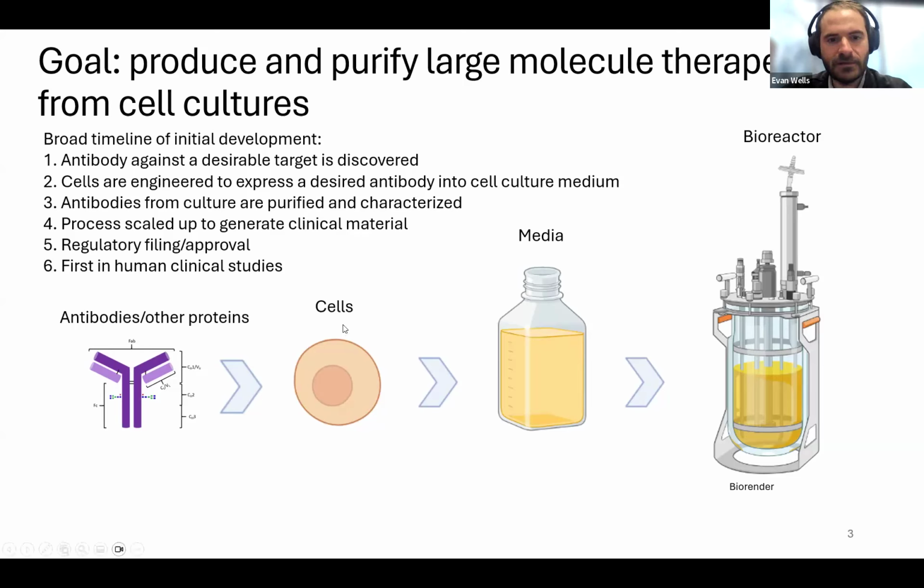We have cells that produce this, and we have to grow the cells in something. That's where the cell culture media comes from. You may have seen this in some of your classes. And to do it in a very controlled way, we have specialized equipment called bioreactors that enable us to scale these things up. Huge amounts of this material can be made at a given time.